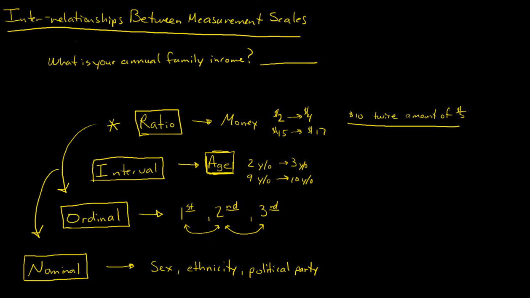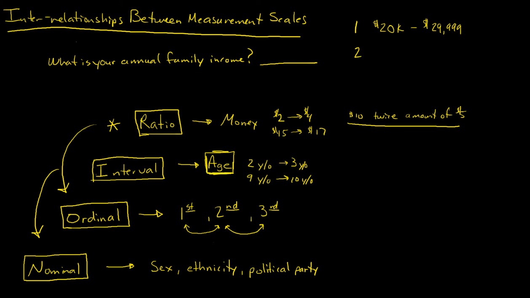But another way of asking this same question would be, what is your annual family income? And then have a 1 equal the category of, say, $20,000 to $29,999, something like this.